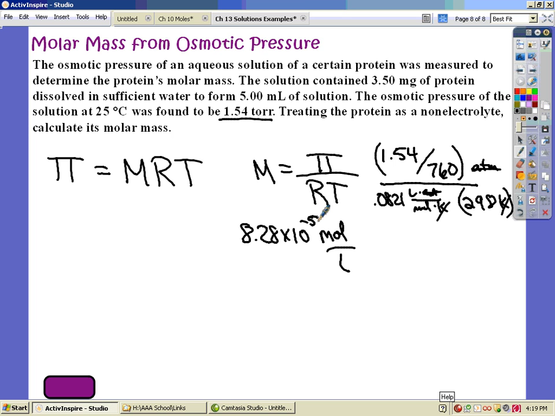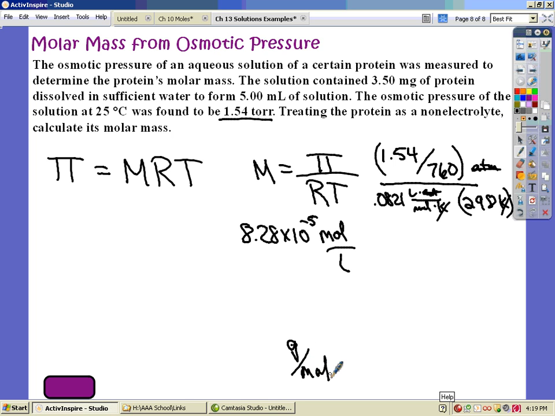So how do we get from here to finding the molar mass of it? Well, we've done this in the past where we've had some grams of something, or the mass of it, and we've had the moles. Remember that the final unit for a molar mass is grams per mole.